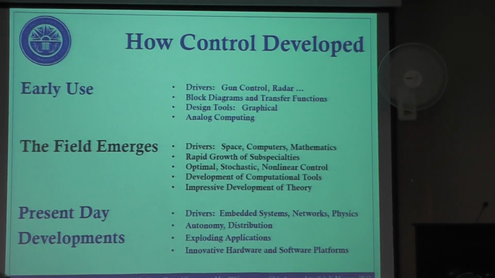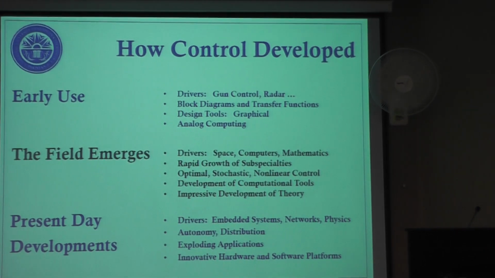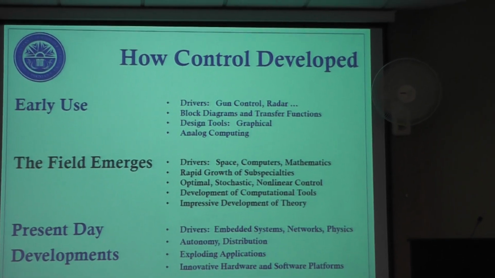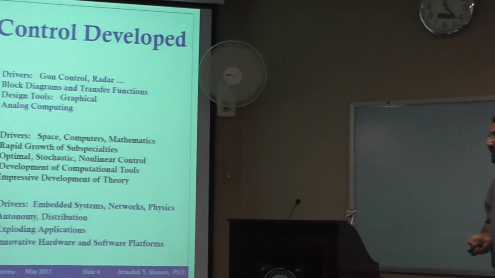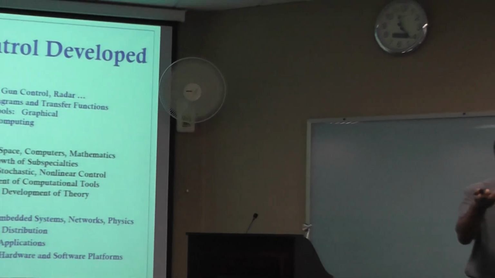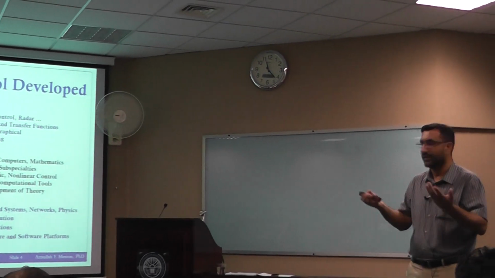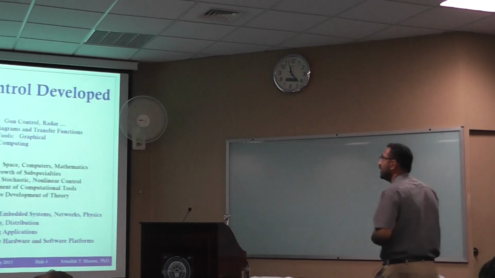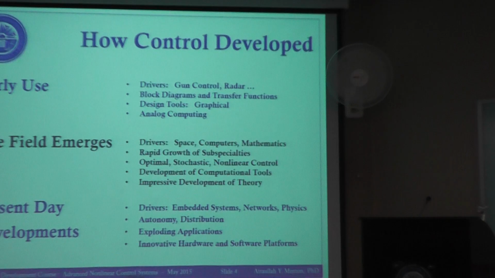Design tools were graphical, like the Laplace transform. You were able to see the poles and calculate overshoots, which we still do, but then it was a graphical method, and you had the Bode plots with the magnitude and the phases, and you were talking about sensitivities and other aspects of the system. And it was supported by analog computing then.